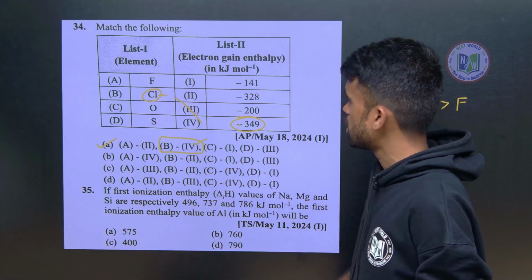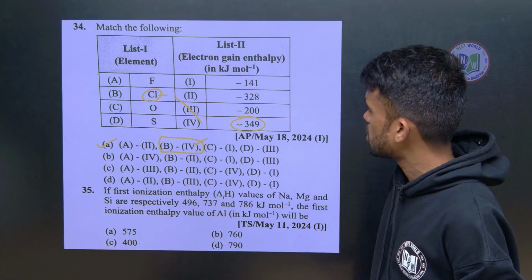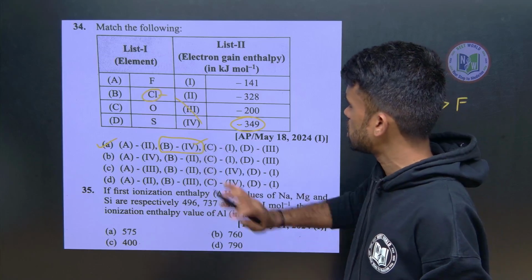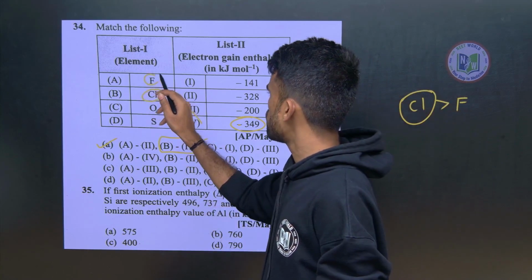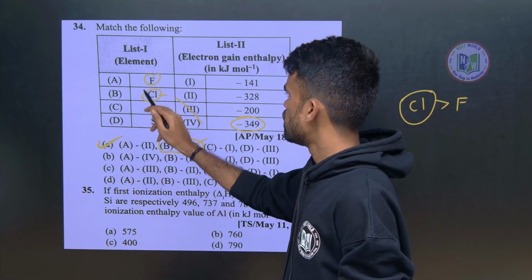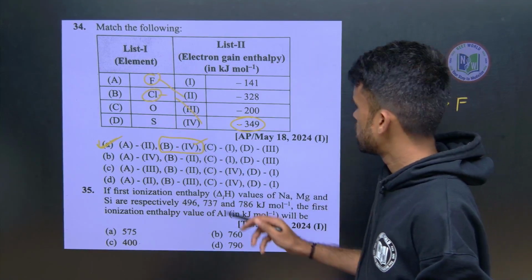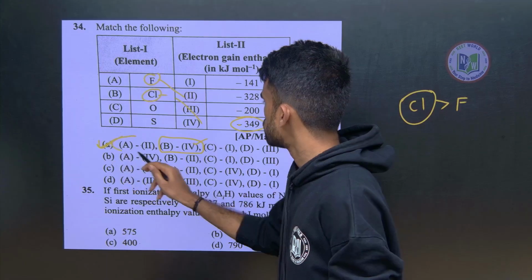So B4 is done. We do not have any other option with that particular value, so we can go with option B. Next, fluorine, option A, fluorine having minus 328, so A2, yes, that's it.